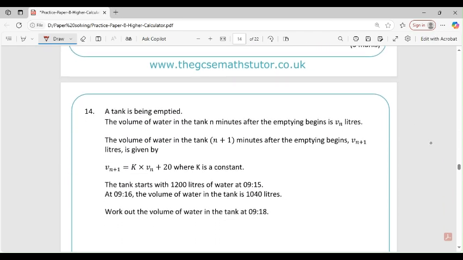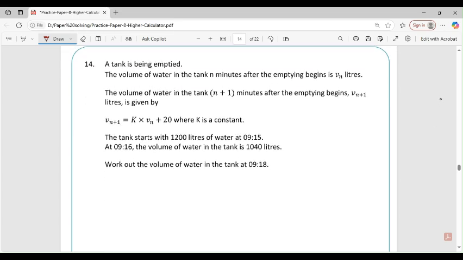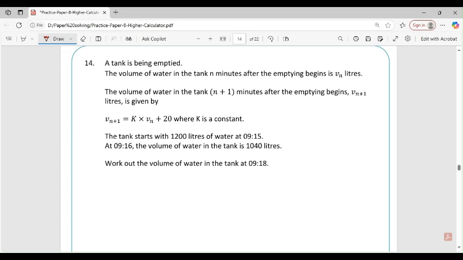Now, in this type of question where iteration is given, first of all you must find the value of k, which is a constant. It says that a tank is being emptied. The volume of water in the tank n minutes after the emptying begins is Vn liters. The volume of water in the tank n plus 1 minutes after the emptying begins is Vn plus 1, and so on.